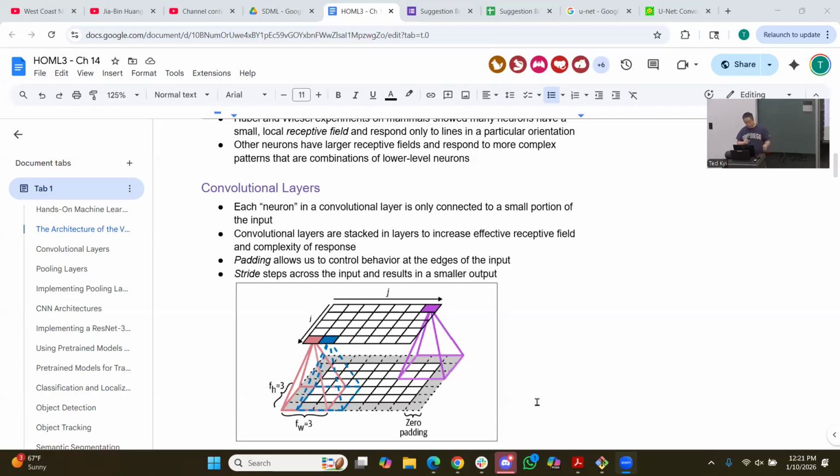The other thing that people do is say, well, I can actually pad it. So if I have imaginary zeros around the outside of my image, then I can center my 3x3 anywhere, including on the actual far edges and corners of my input image. This is not a hard rule, but I tend to see padded convolutions more often than not, just because it is a little bit easier to deal with the math.